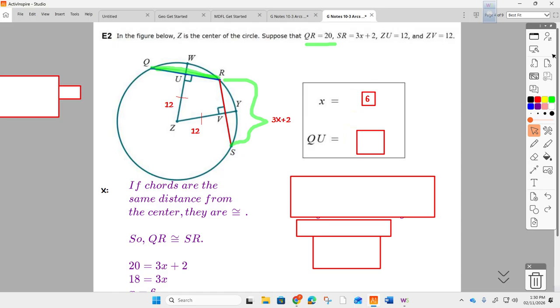What if the 3x plus 2 is on the inside of the circle? It actually is on the inside of the circle. I just could not figure out a way to make it look not too cluttered and stick it in there. So this 3x plus 2 is the length of RS, or SR. That's what they tell us. Okay. You and I can talk about it after, everyone can get some homework if you want, okay?